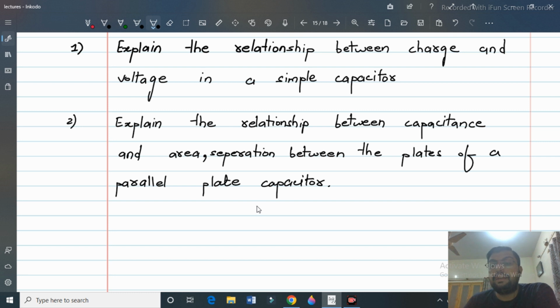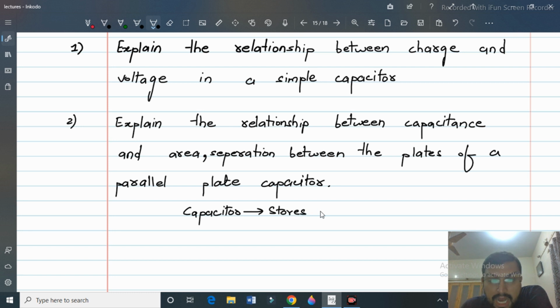In a similar manner, we need electrical energy. And what does a capacitor do? A capacitor stores electrical energy. We can often say a capacitor is a device that stores charge.